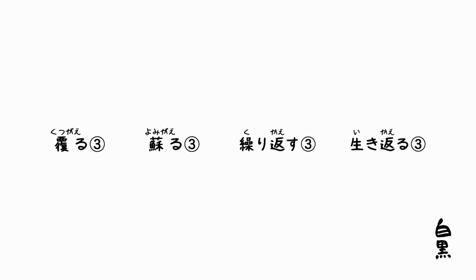There are also cases where you have the last high pitch on the antepenultimate mora, as in 覆る よみがえる 繰り返す 生き返る etc., which has to do with their etymologies or compositions. I'm going to save this for you to explore and encourage you to share your findings in the comments.